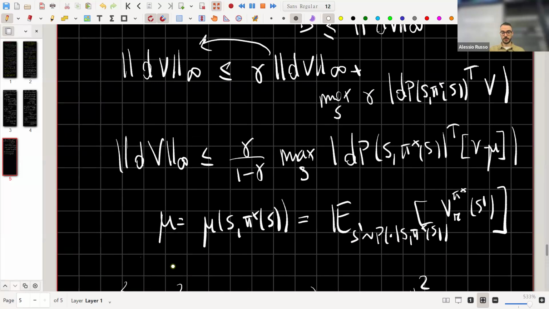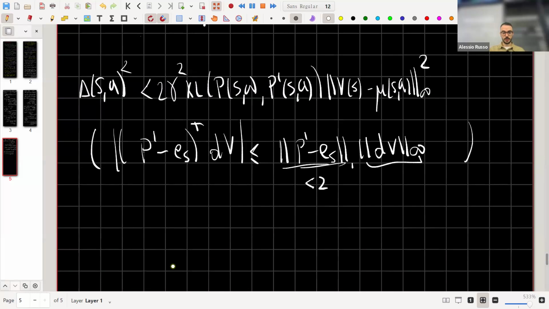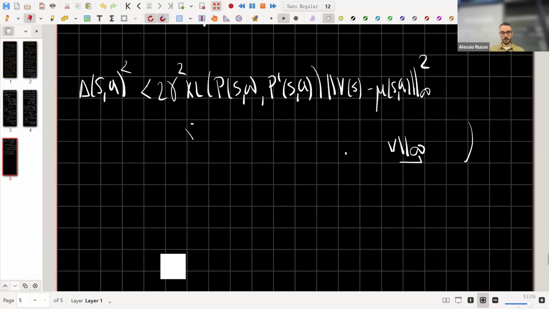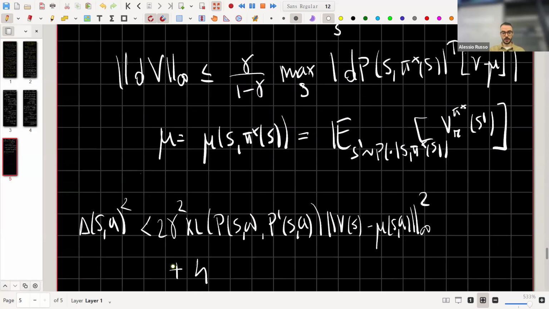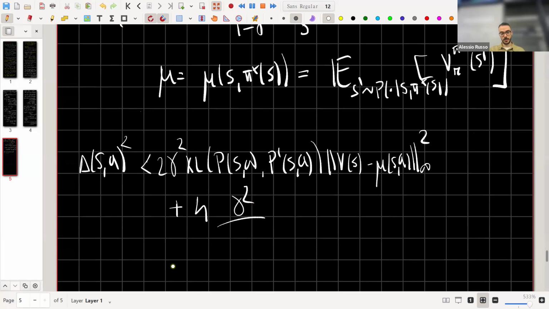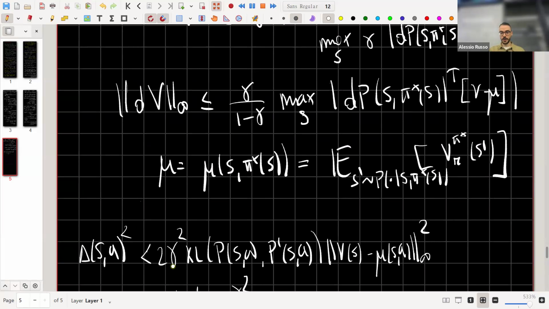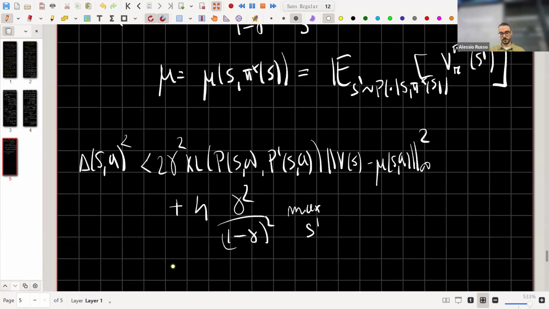So we have just shown that this becomes plus 4, because we also need to take the square of this quantity here, gamma squared divided by 1 minus gamma squared times max over S prime of the square of this inner product.